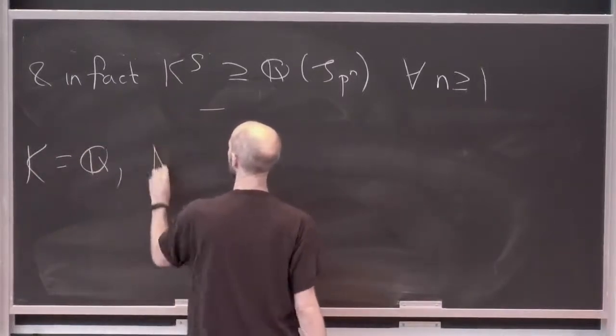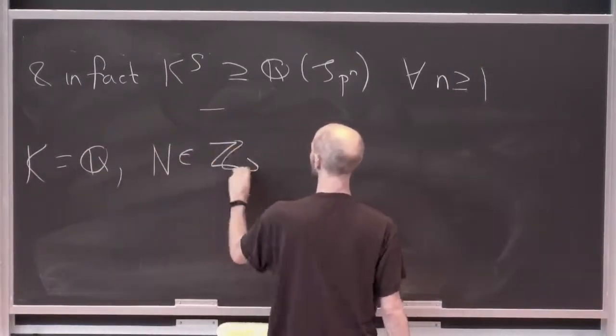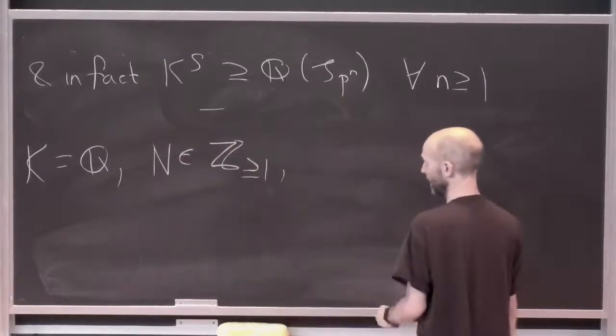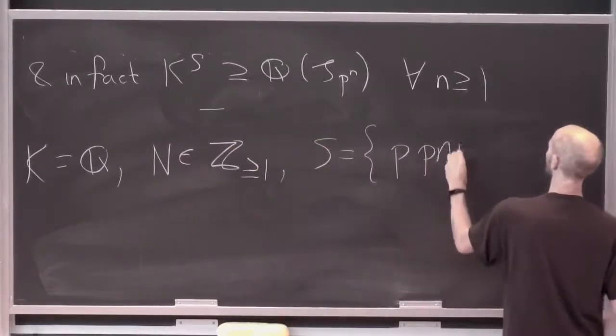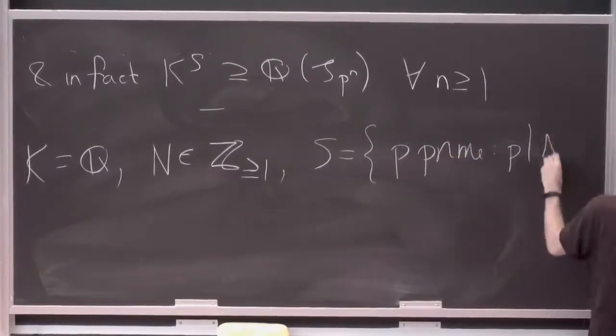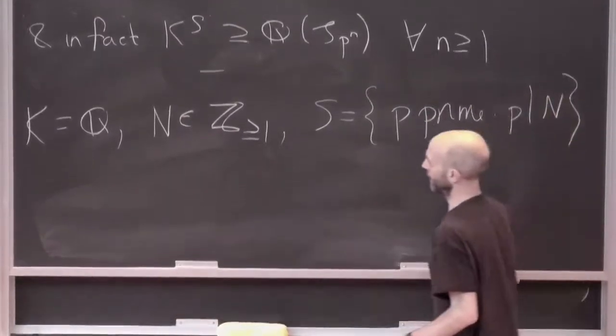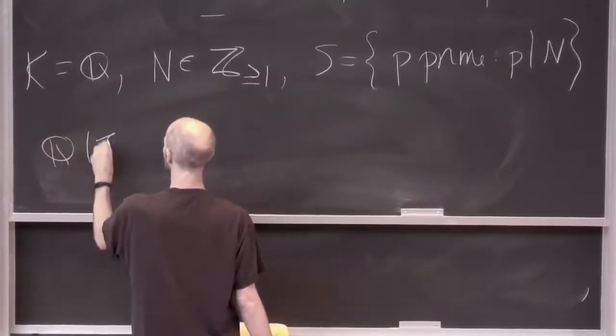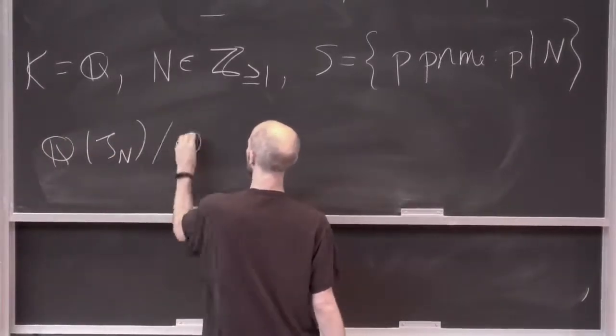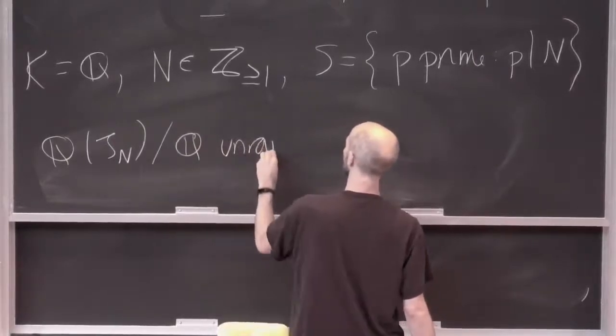Let's just fix some integer n at least 1, and let S be the primes P dividing n. Then it turns out that Q(zeta_n) is unramified outside S.